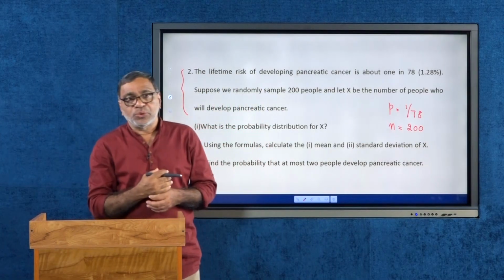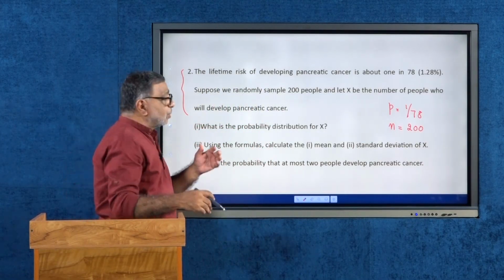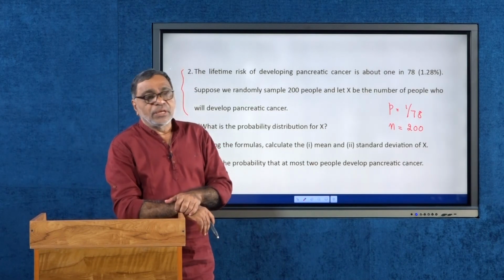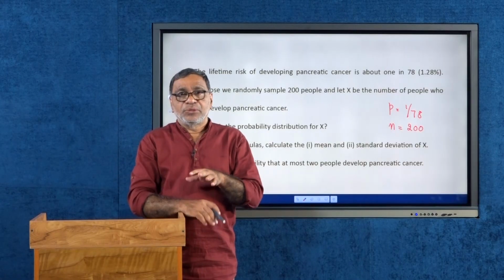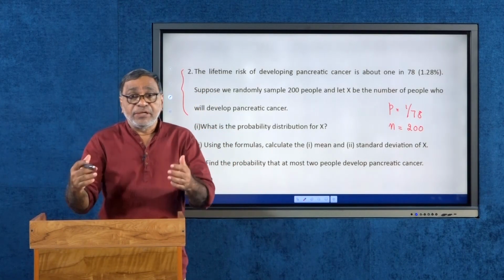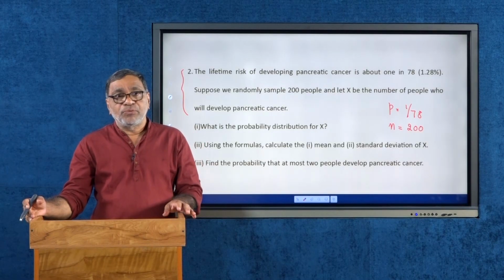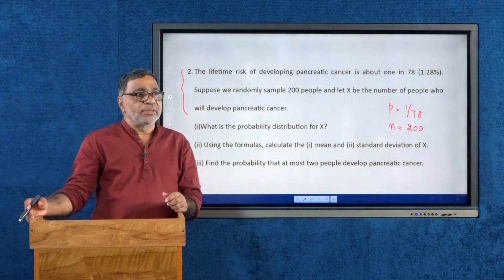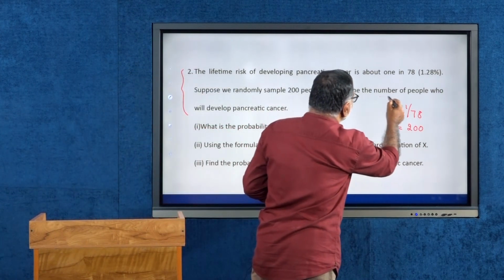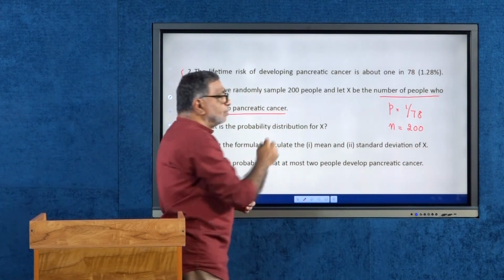First of all, you have to write the probability distribution for x. Here you have a sample of 200 people and we define the random variable x as the number of people who will develop pancreatic cancer.